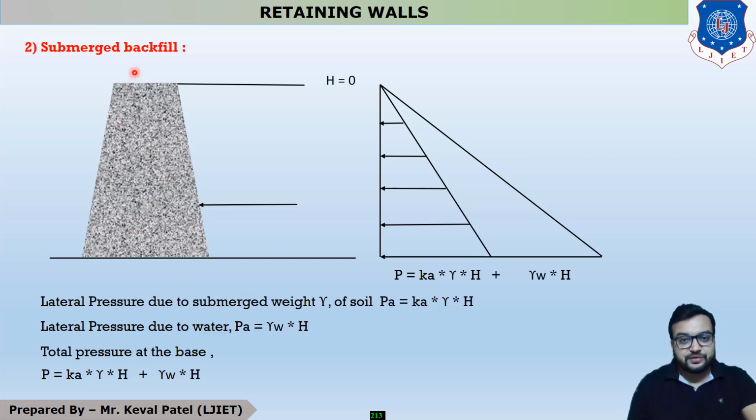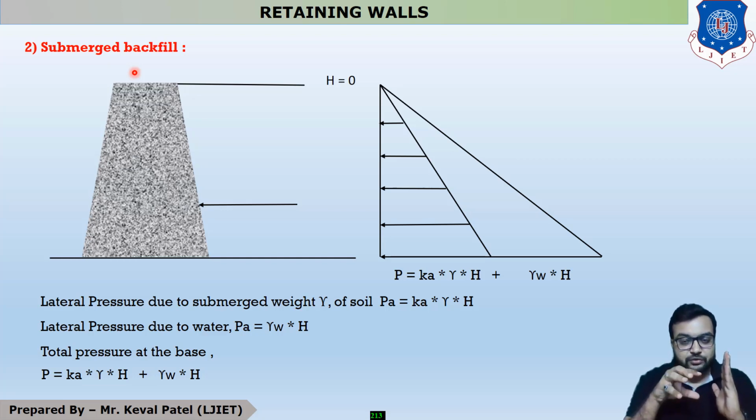The second case is submerged soil. What is the meaning of submerged soil? In submerged soil, both water content and soil content are present. This is your retaining wall and your submerged soil is over here.